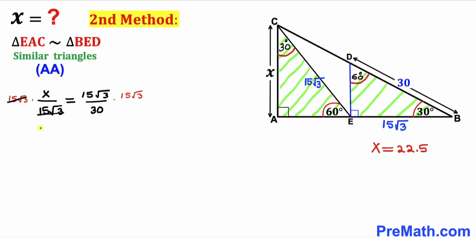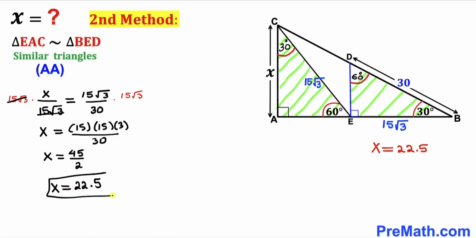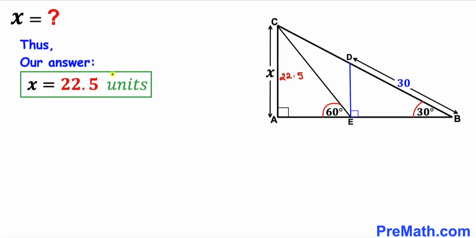So our x value equals 15 times 15 times 3 divided by 30. If we simplify the right hand side, it gives us 45 divided by 2. So our x value turns out to be 22.5 units.